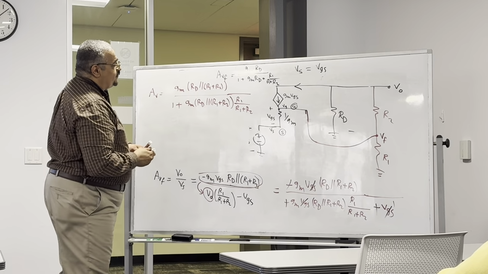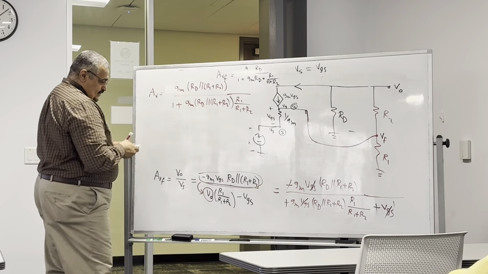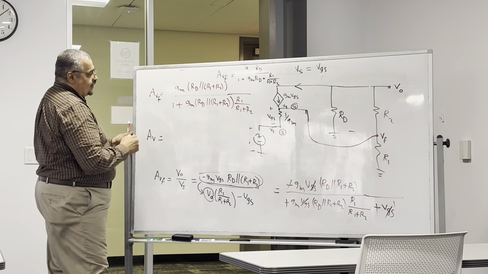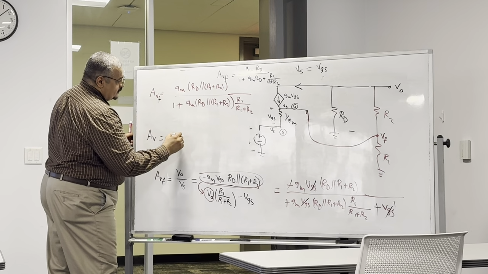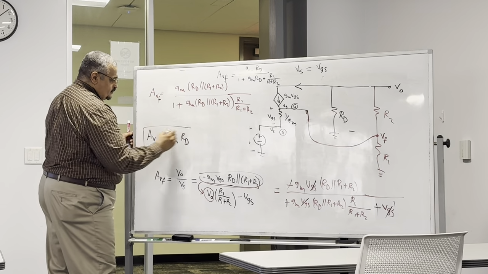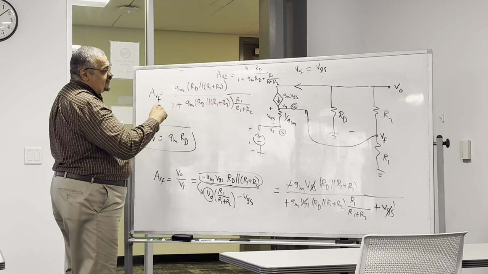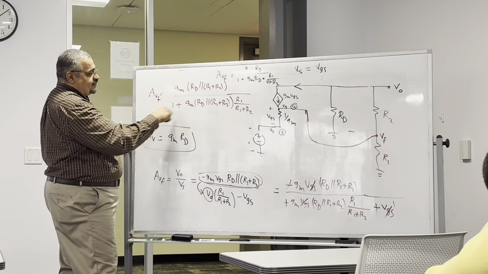How much was the gain before? So this is AV feedback. AV without feedback at all was just GM RD. Now it becomes GM RD parallel to this, divided by this one.